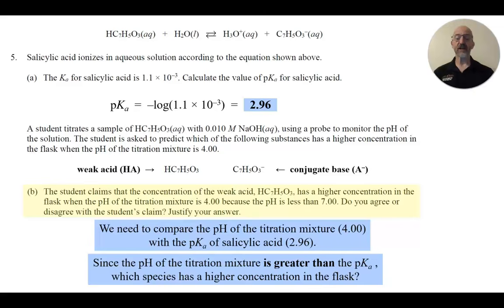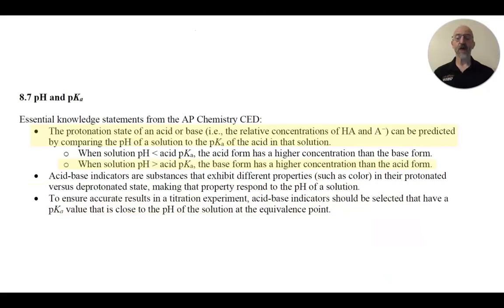And since the pH of the titration mixture is greater than the pKa, which species has a higher concentration in the flask? Remember that when solution pH is greater than the acid pKa, then the base form, or the A-, has a higher concentration than the acid form HA. So now we can decide, do we agree or disagree with the student's claim?